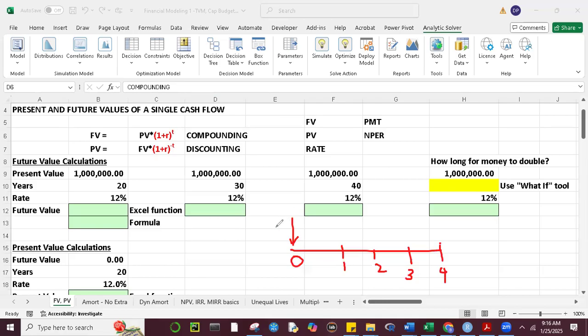If I put $100 or 100 pesos in a certain instrument, and I want to know how much that will be after 4 years, that is the question being answered by this formula. What is the future value of a certain amount, let's say a lump sum amount of 100 placed today?